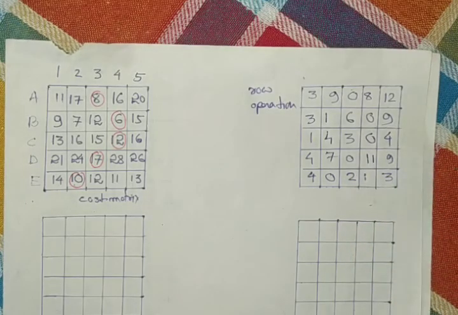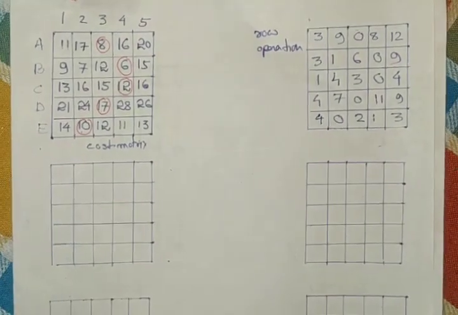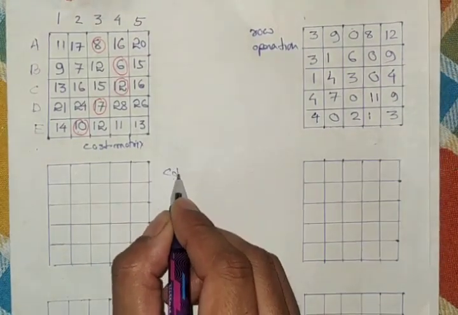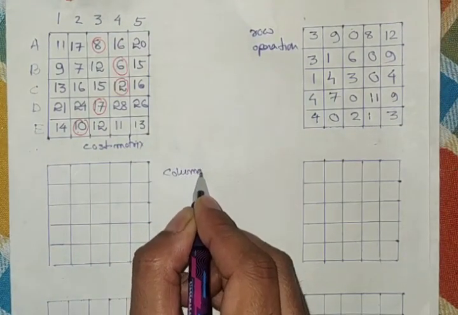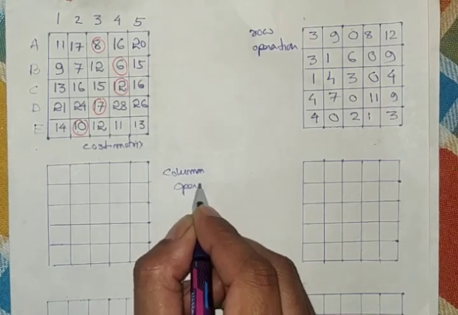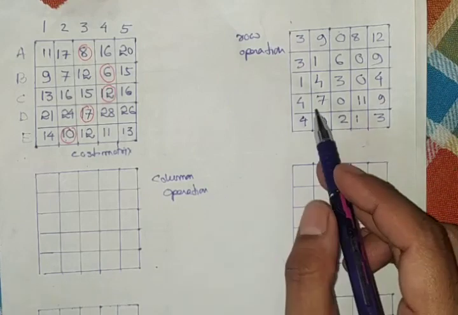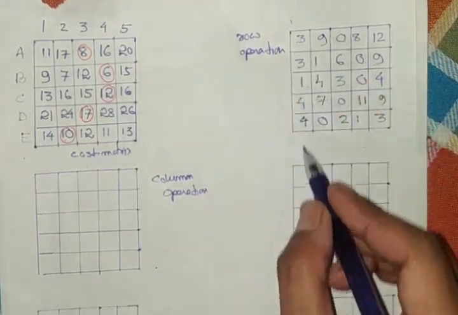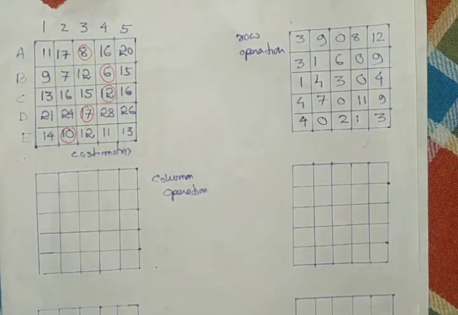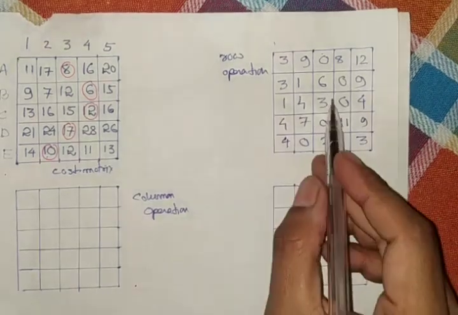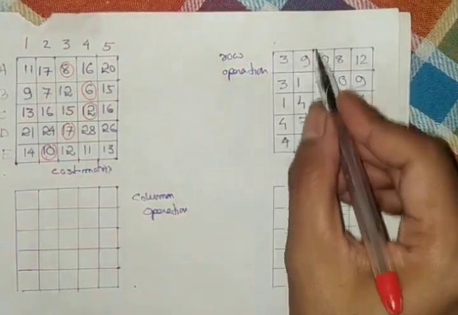After the row operation, you have to perform the column operation. In the column operation, you have to check column-wise.